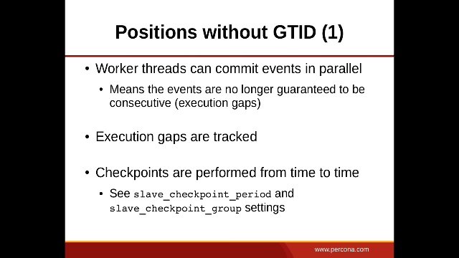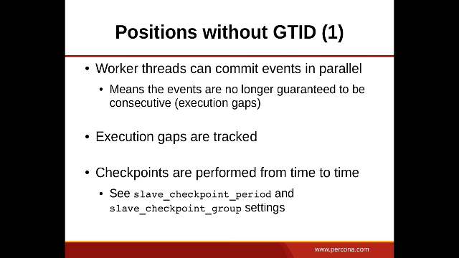And I'm interested in looking at how positions are monitored, because you have multi-threaded replication, so several worker threads can commit events in parallel. This means that you don't have a single, let's say, latest executed position, but you have several ones, say one per worker thread.